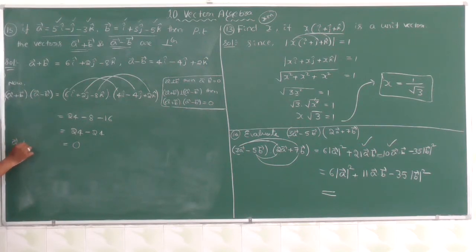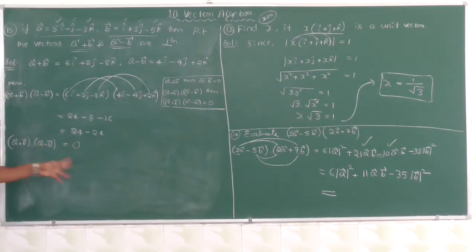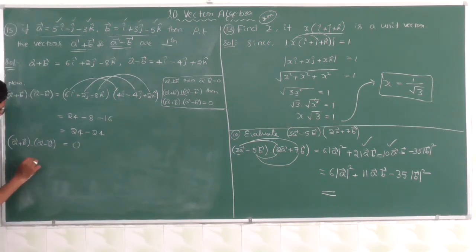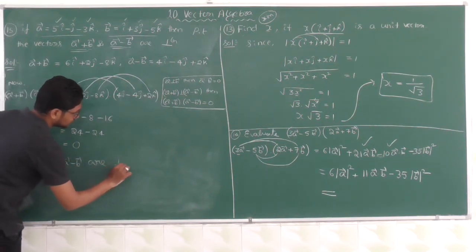Then we can say that a plus b and a minus b are perpendicular. When the dot product of two vectors equals 0, the two vectors are perpendicular. Therefore, a plus b and a minus b are perpendicular.